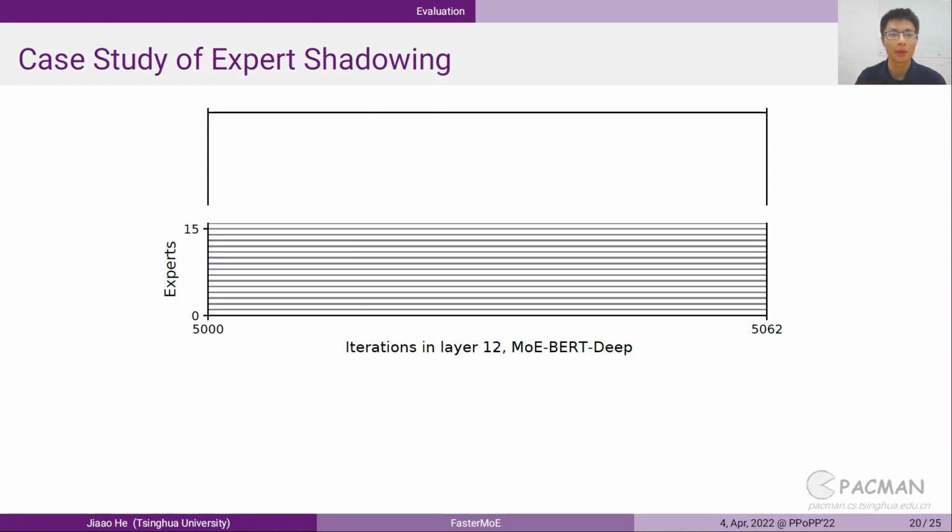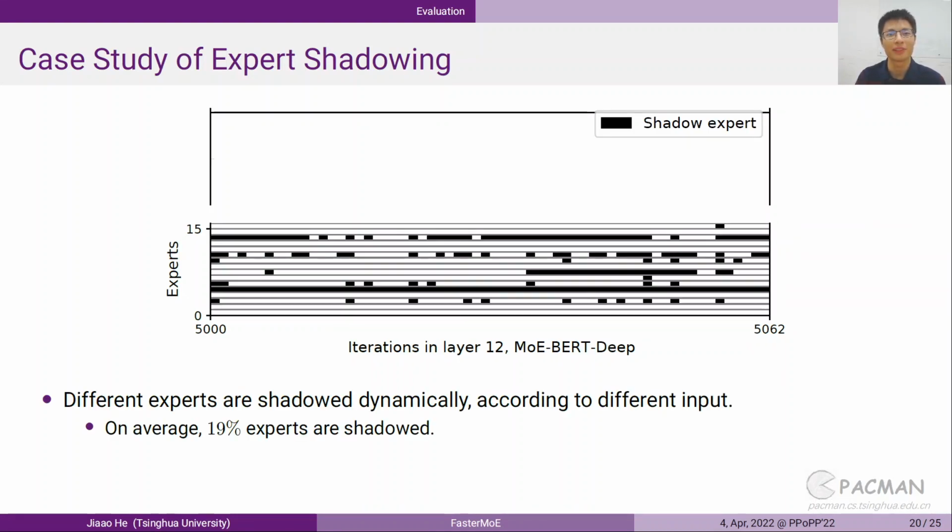We observe a model of 16 experts in 60 iterations and see whether the experts are shadowed. Here, the black blocks mean that the expert is shadowed in the iteration and the white blocks mean not. We observe that in different iterations, different experts are shadowed dynamically according to different inputs. And on average, 19% of the experts are shadowed.